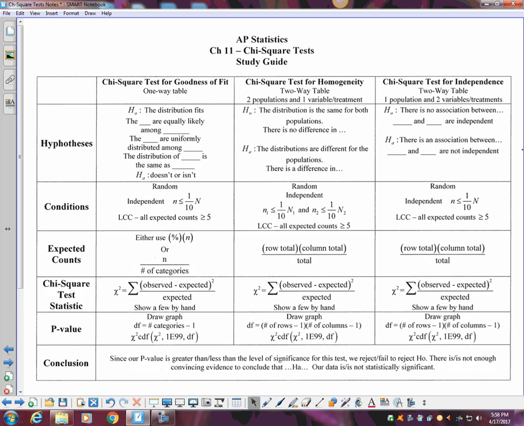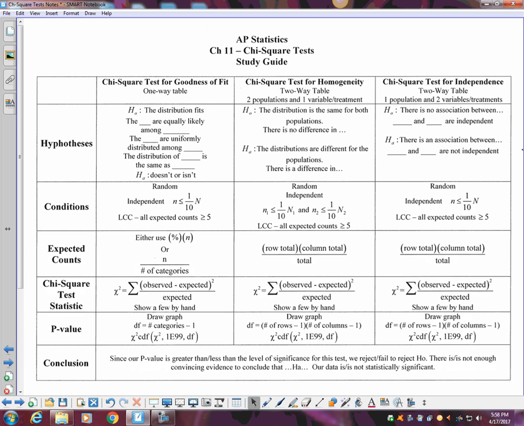Okay, so to know the difference between the two, for homogeneity, you have to have two separate populations and one variable. For an independence test, it's a two-way table. So you have one population and two variables or treatments. Now an example pops to mind where we were doing something with gender and something about scary movies, I think it was.